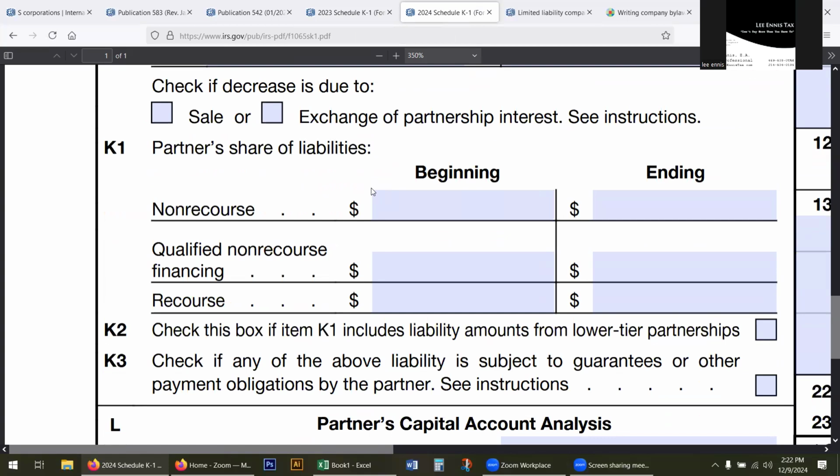I'm not even going to go into qualified non-recourse financing, but what this means is that if you make a loan to the partnership, if it's non-recourse, it means that if the partnership cannot pay you, then you cannot take anything from the partnership, meaning that the loan is not based on any asset, right? Like you're making this loan, if you get paid back, you get paid back. If you don't, you don't, right?